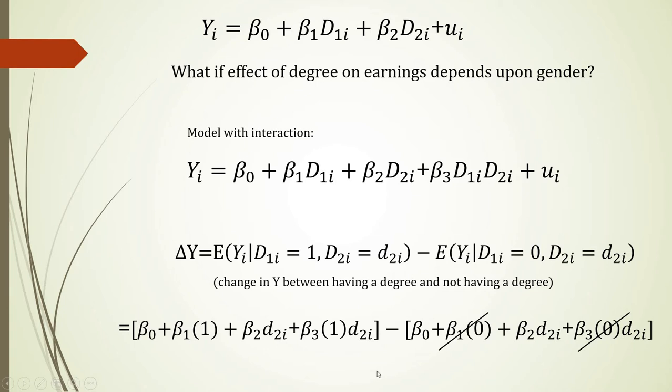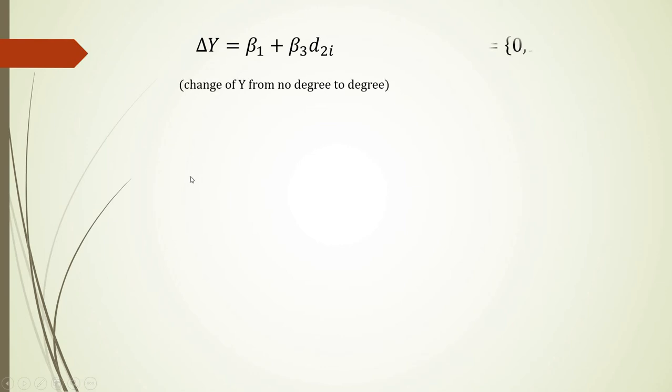When we develop the equation and solve it, we get the following. Changes in y will depend upon the beta 1 and beta 3 coefficients and upon the value of D2, the value of gender.